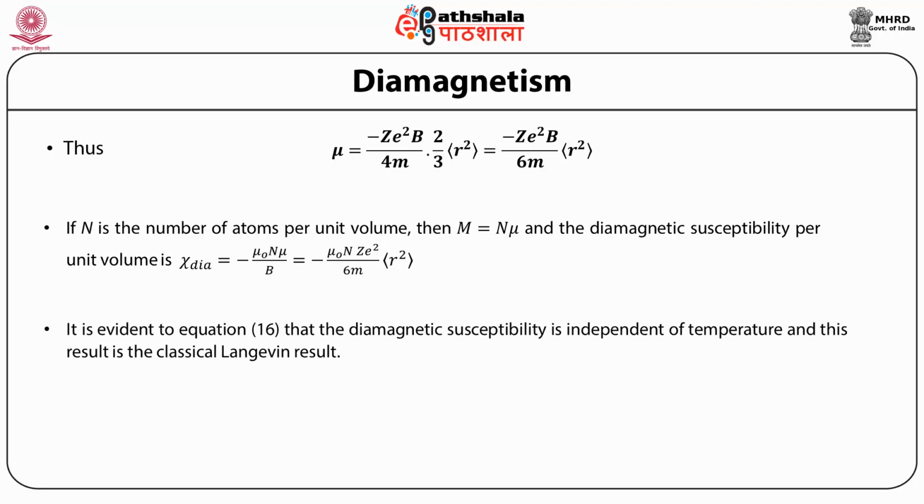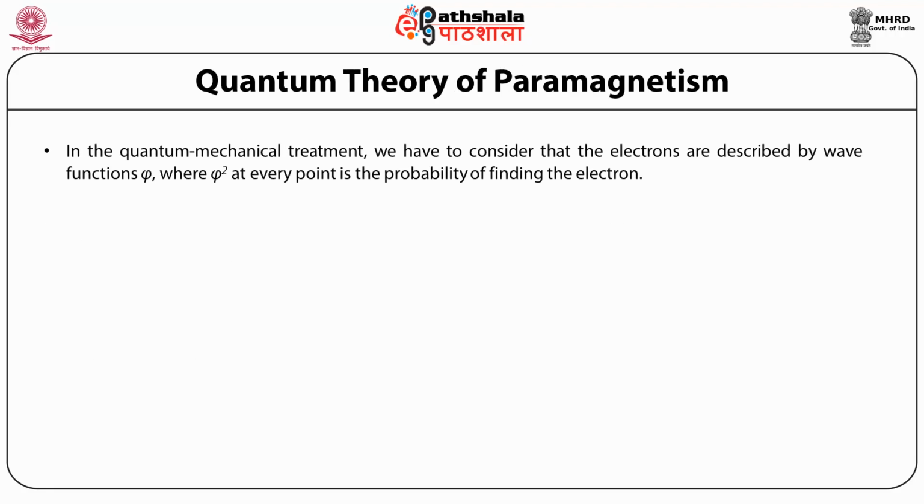If n is the number of atoms per unit volume, then the magnetization M comes out to be n into mu, and the diamagnetic susceptibility per unit volume comes out to be minus mu naught n mu by B, equal to minus mu naught n Ze square over 6m r square. It is evident from this equation 16 that diamagnetic susceptibility is independent of temperature, and this result is known as the classical Langevin result.